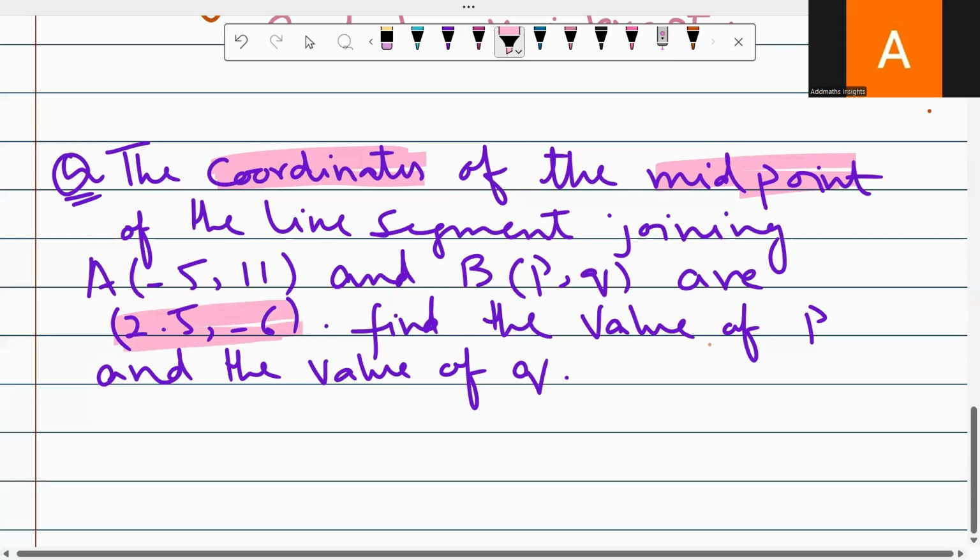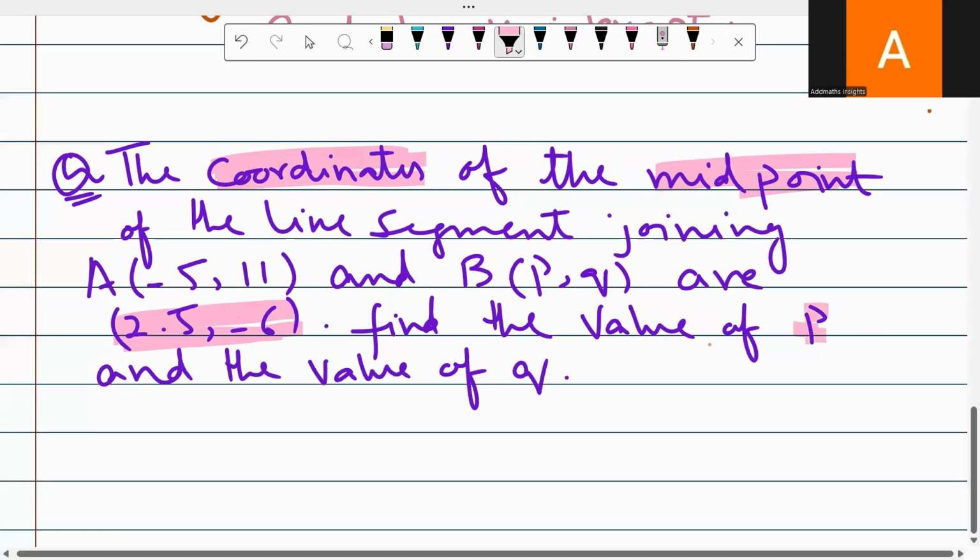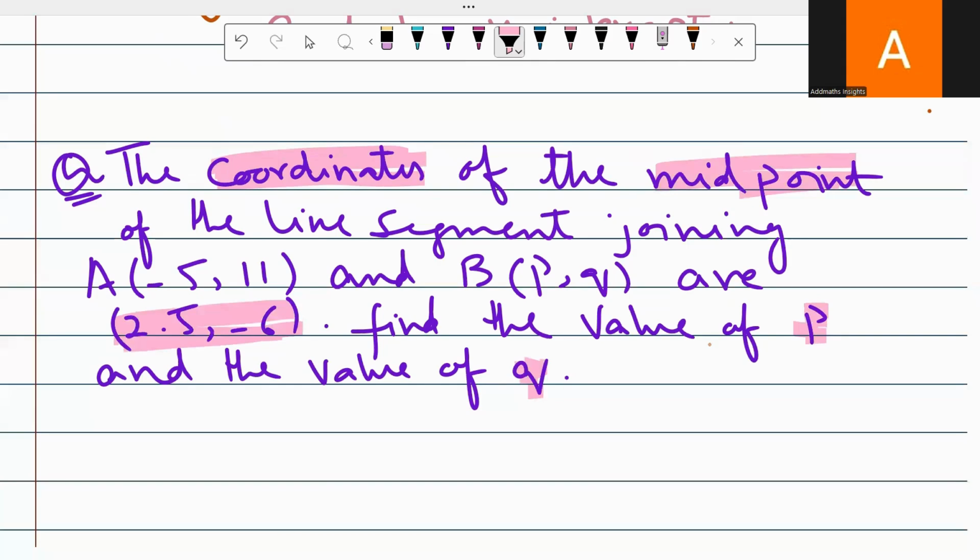These are coordinates of the midpoint of the line segment A with coordinates -5, 11 and B, P Q. And we have two unknowns, P and Q. So you have to identify the condition given to you to solve this question. Condition is midpoint. Coordinates of midpoint are given. And you know the formula for midpoint, and you will apply that formula to find the midpoint of the line joining A and B.